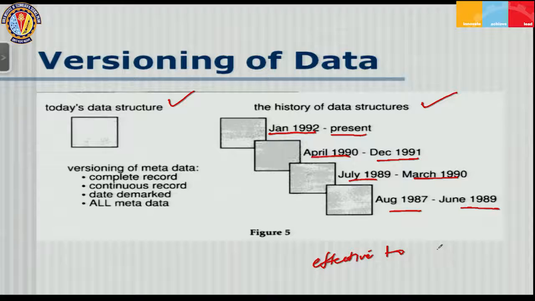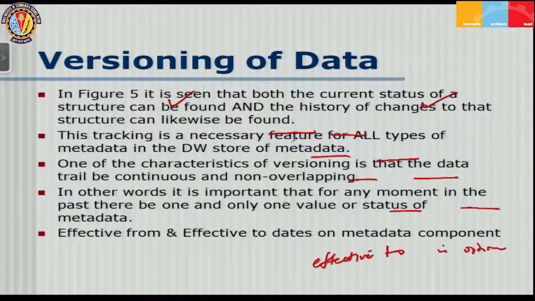So the effective to date is kind of optional, and it can be inferred from the next metadata information. Versioning of metadata is done in different forms, and we'll talk about that.